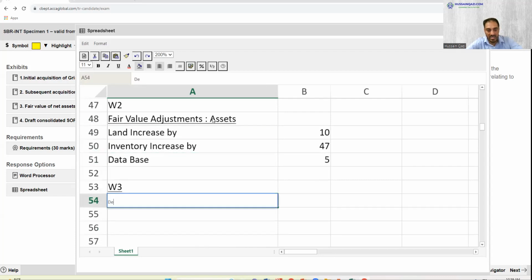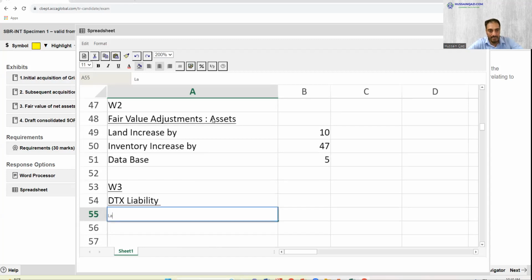Here deferred tax liability: land, inventory, database. So do we need to work out individually? Yes.